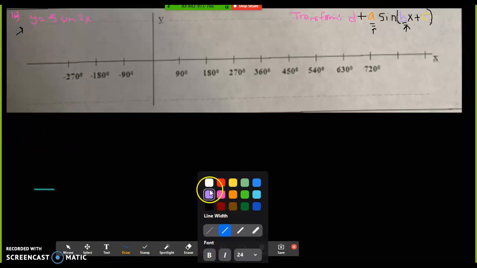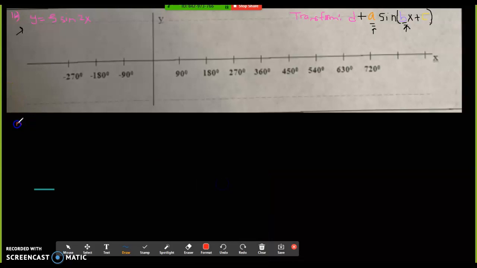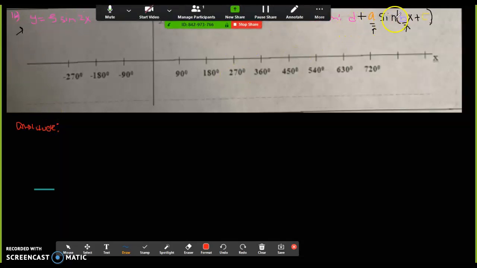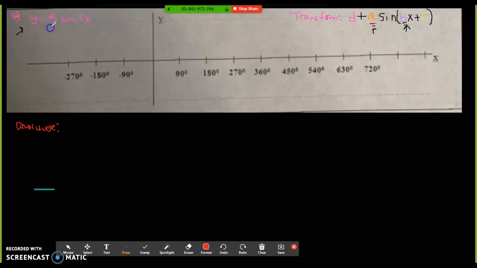I'm going to change my color, and let's see, the amplitude on this new one is going to correspond with the number right in front of the trig function. So the number in front of the trig function is 3. So we know our new amplitude is going to be 3. This means our high point and low point is going to be at 3.